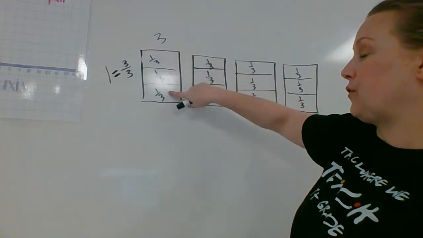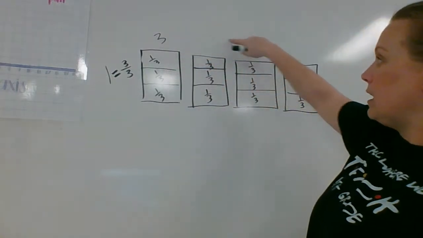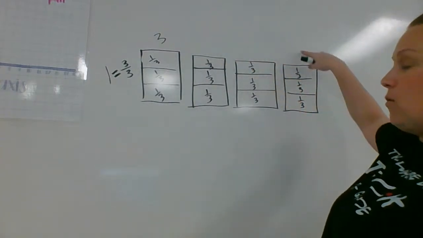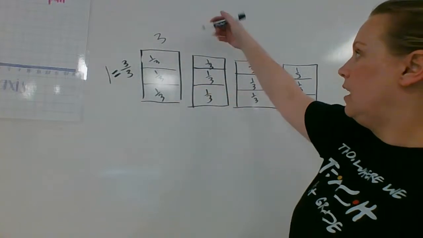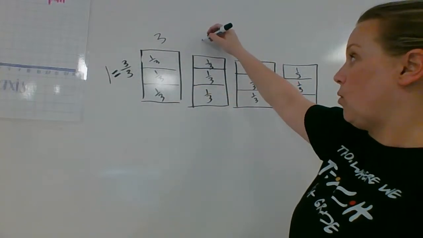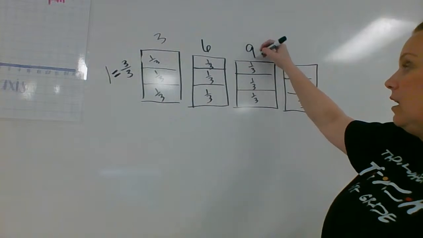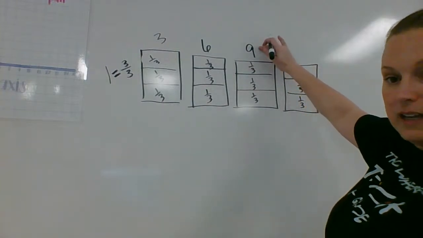So if I can get 3 planters out of 1 bag of soil, how many planters full can I get out of 4 bags? Well, I can get 3 out of 1. I can get another 3 or 6 out of 2. I can get another 3, another 3, or 9 out of 3 bags.